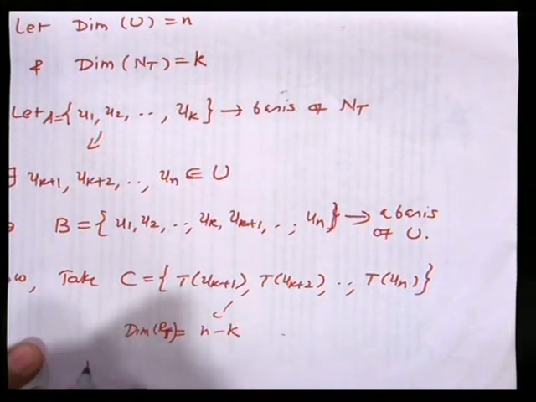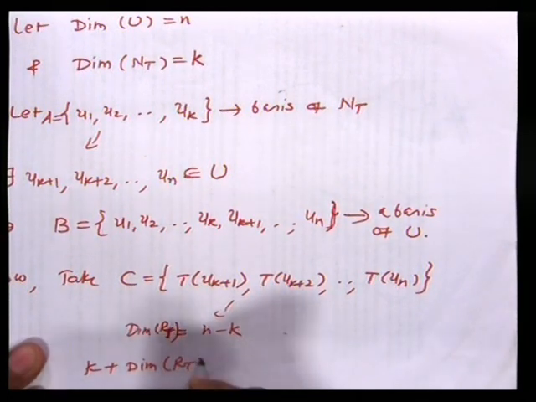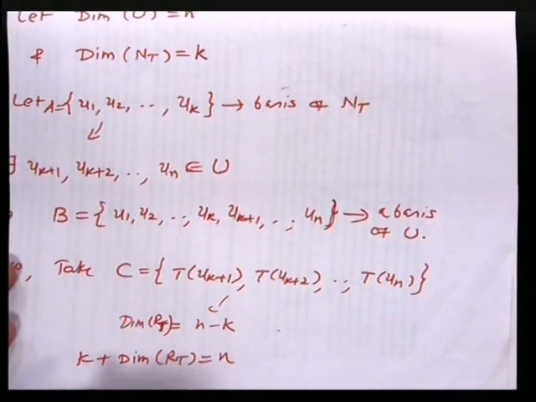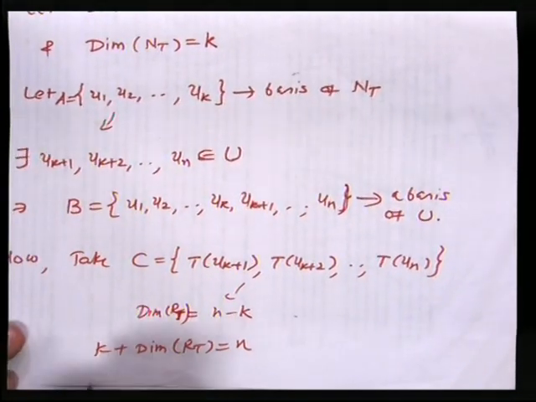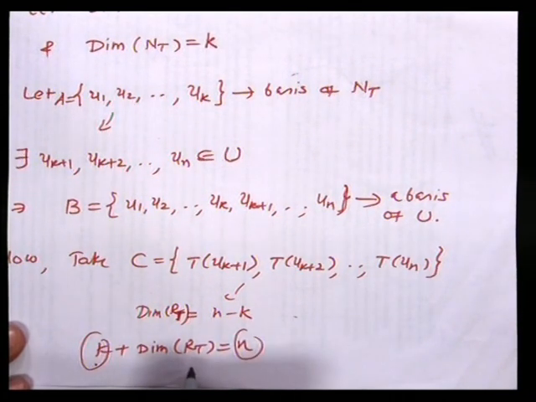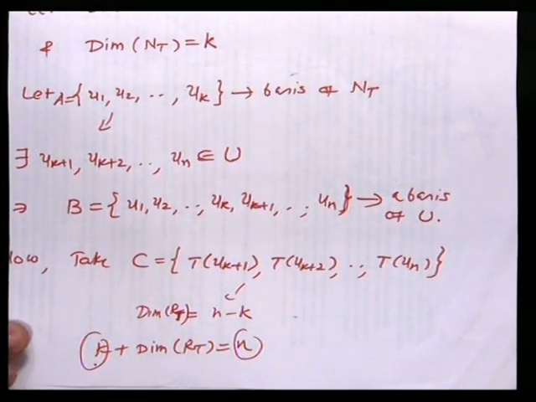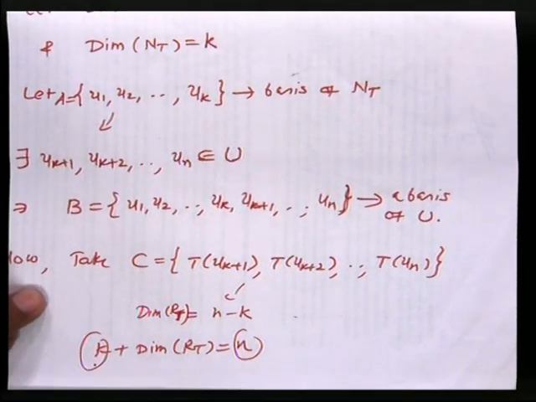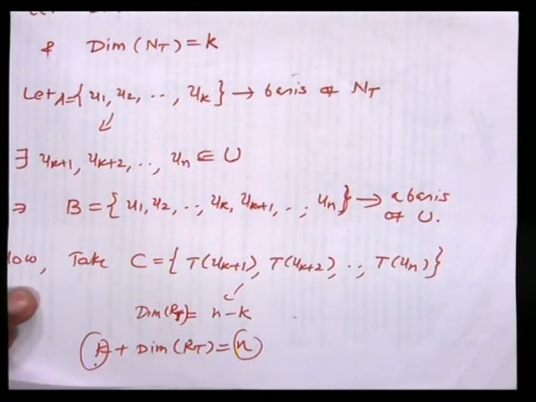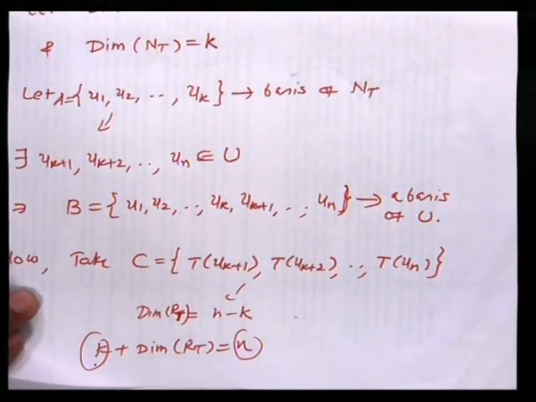So we can write k plus dimension of R(T) is equal to n, and since k is the dimension of N(T) and n is the dimension of U, this will prove our theorem. So our target is to show that the set C is a basis of the range space R(T).